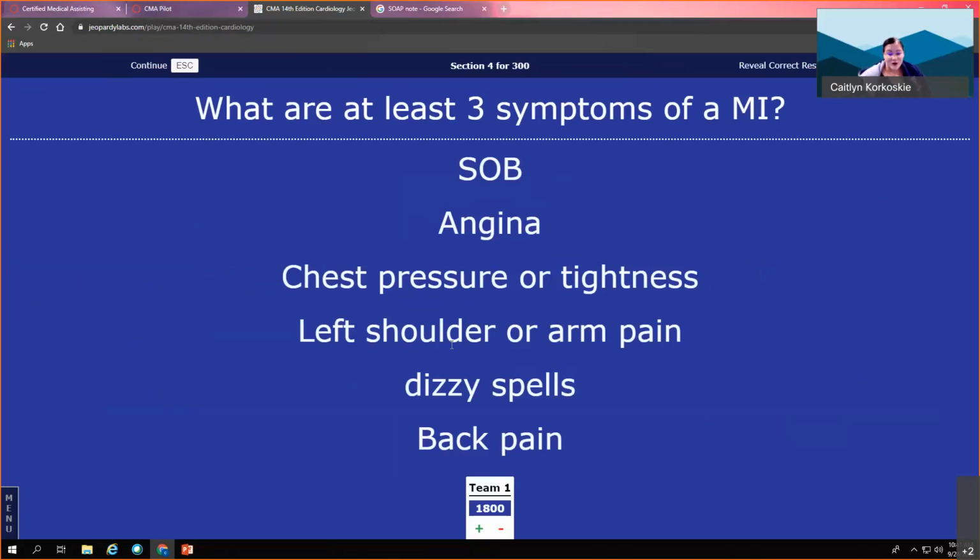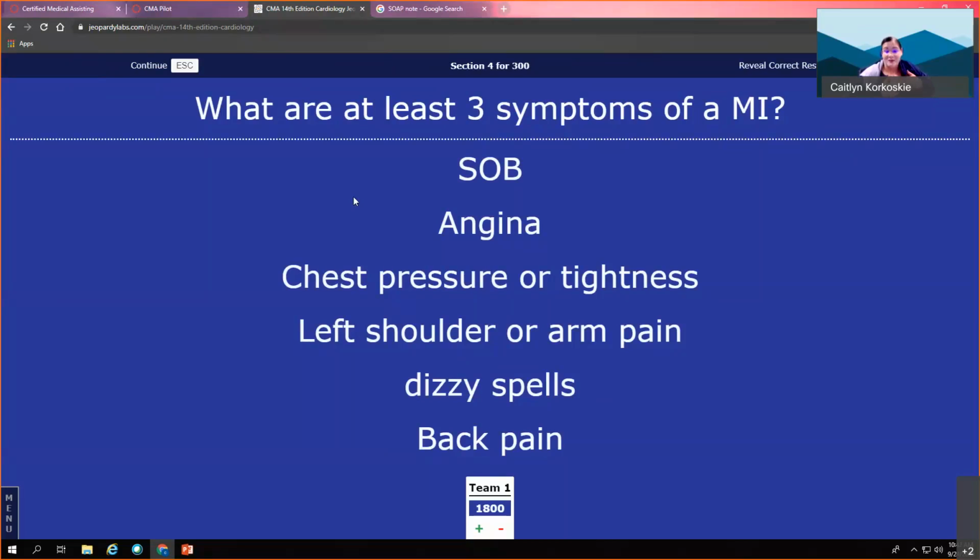Pain in their left shoulder or arm, and sometimes just back pain as well. If a patient has a combination of shortness of breath and left shoulder pain, that's definitely a symptom of a heart attack. They'll also feel like there's a weight on their chest. That is one of the biggest indicators of a potential heart attack.